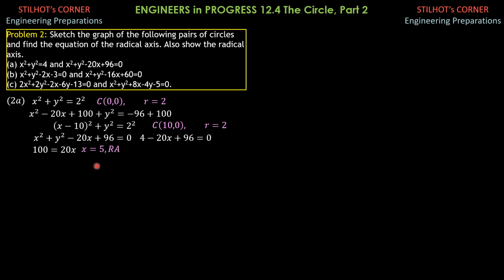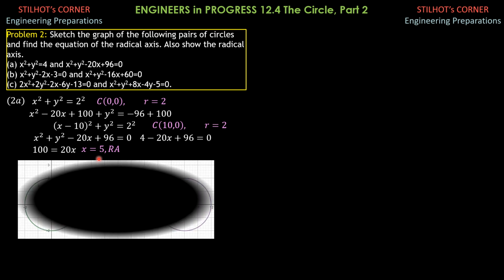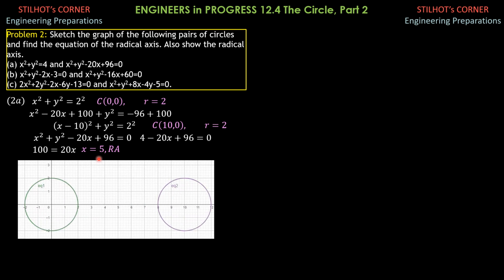100 over 20. So the two circles have the same radius, therefore this radical axis is the perpendicular bisector of the line joining the centers of the two circles, as long as they have the same radius. But it is the line perpendicular to the line of centers, not necessarily the perpendicular bisector.